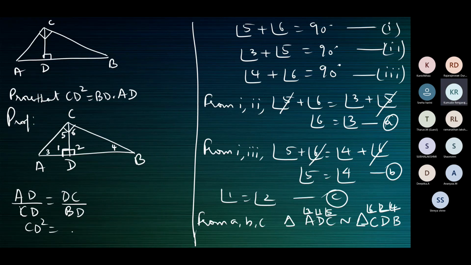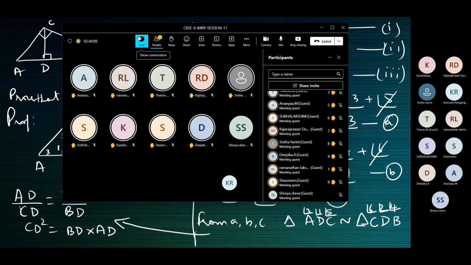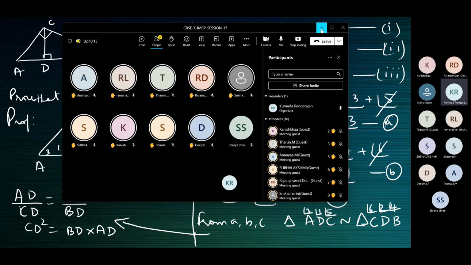So CD square is equal to BD into AD. Isn't it easy, children? Yes, ma'am. Very good.